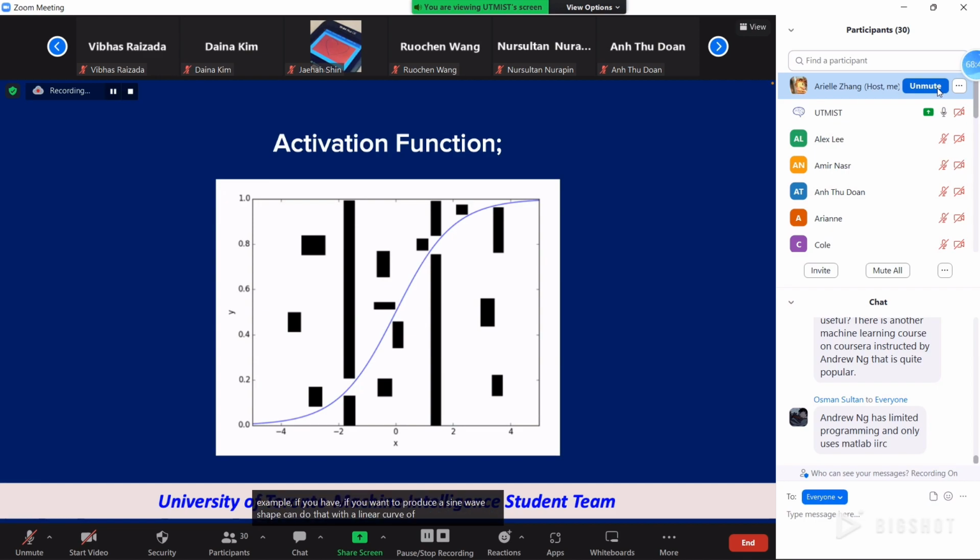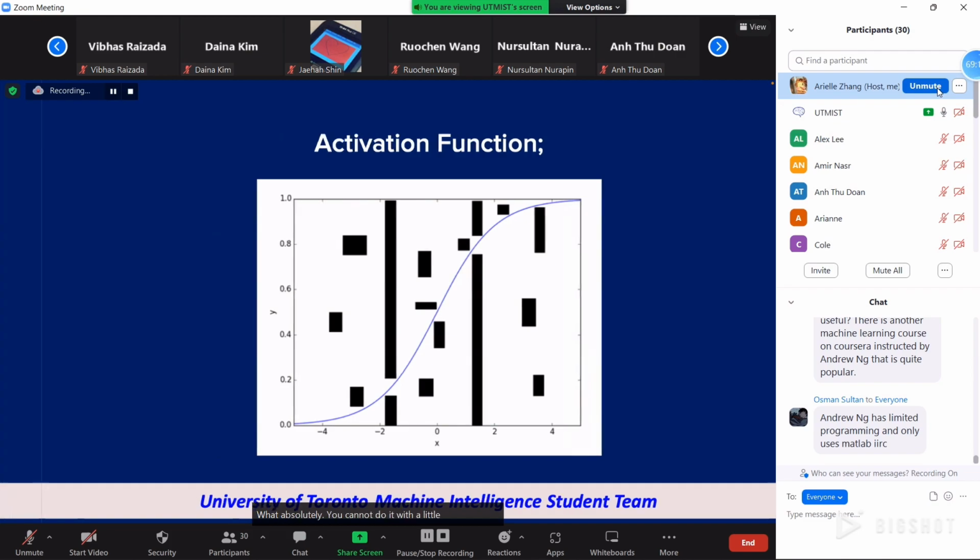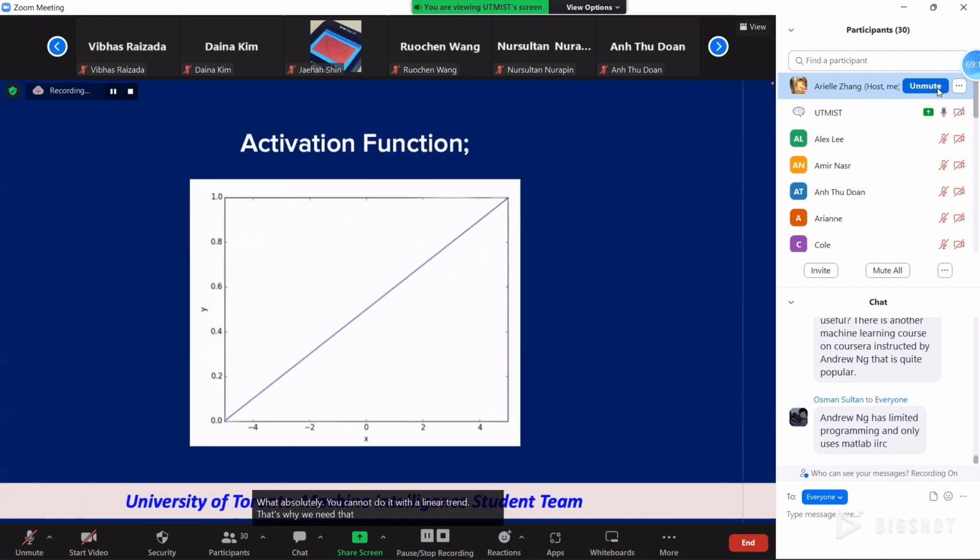For example, if you want to do a regression task, so basically producing a curve that fits the trend of the data points, a linear curve doesn't do it. If you have a sine wave, you need a sine wave train, or you can use another type of polynomial train to approximate it. But absolutely, you cannot do it with a linear train. That's why we need the activation functions.